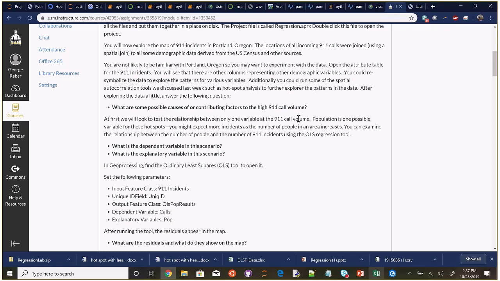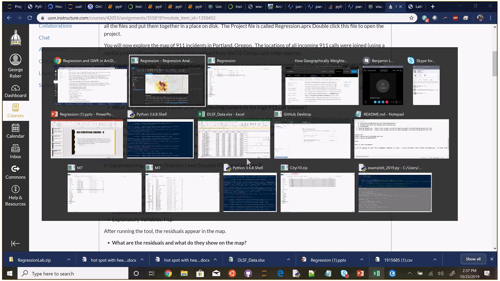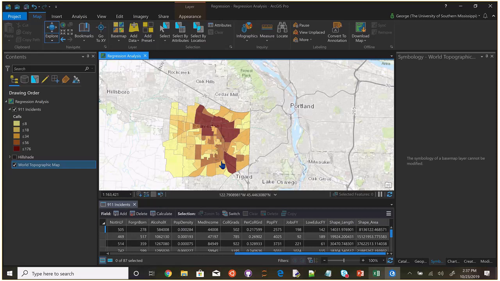then what we're going to do. So we've already noticed a few patterns. You're welcome to keep looking at additional patterns, but we've noticed that maybe income is negatively correlated with 911 incidences, and population is probably not really correlated all that well at all with 911 incidences.